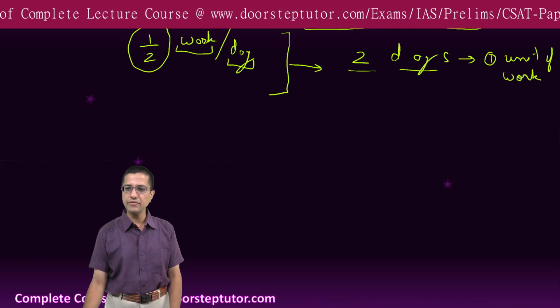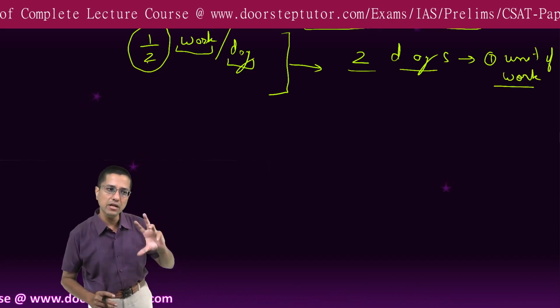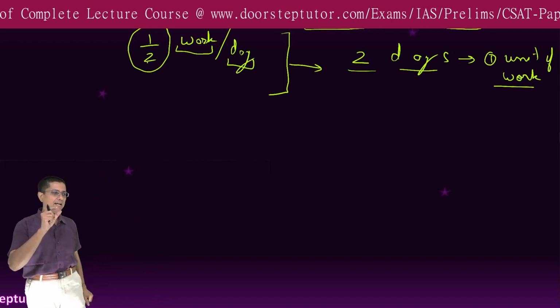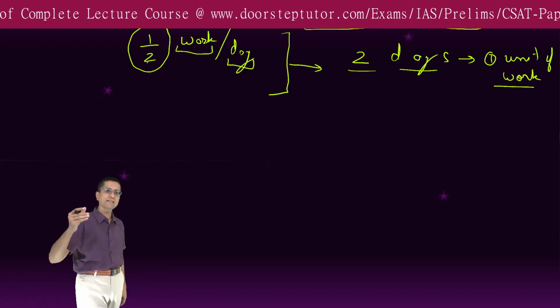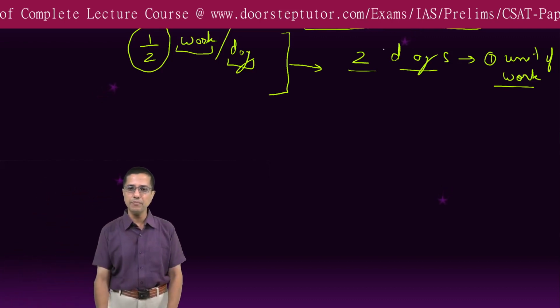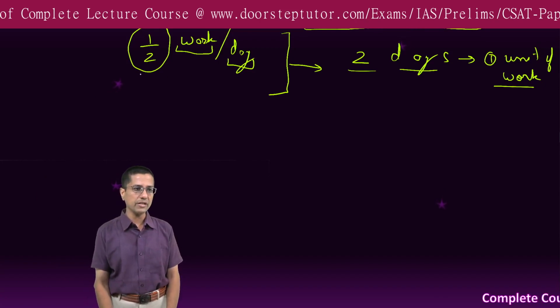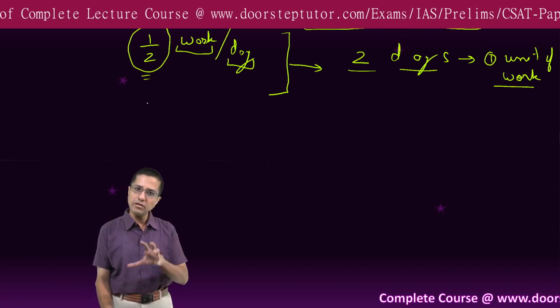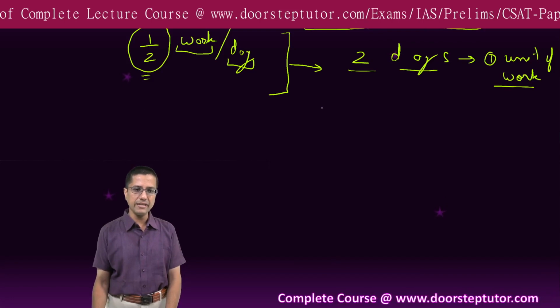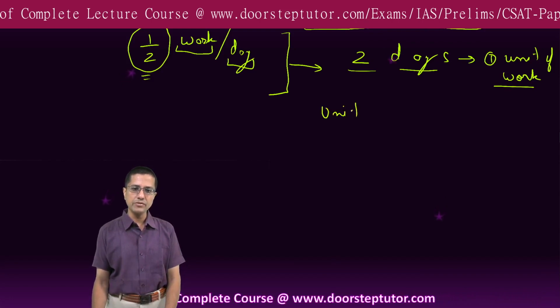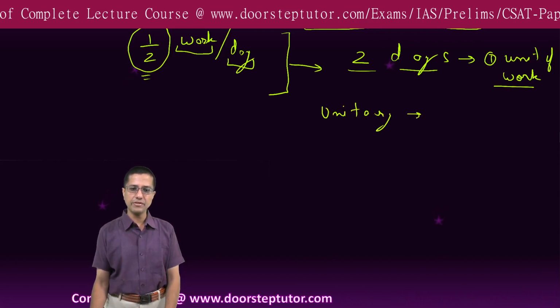So that is what I was saying, that if we take the reciprocal of the rate, then I get the amount of time required to complete 1 unit of work. We can also arrive at the same thing if we use the unitary method. So let us just look at that for a second.